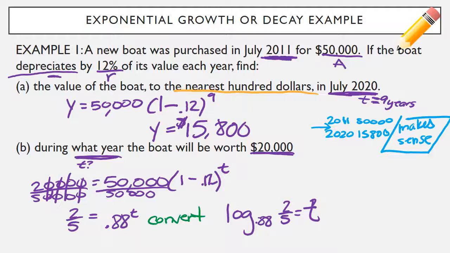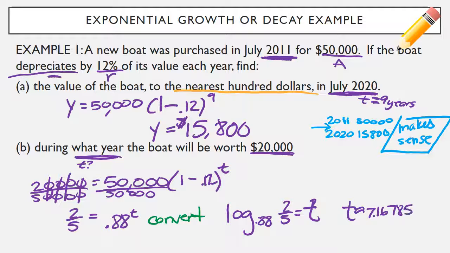This I can type into my calculator. If you use change of base, make sure you use parentheses. If you use the log function under math, make sure you're careful with that as well. So I ended up with t approximately 7.16785.